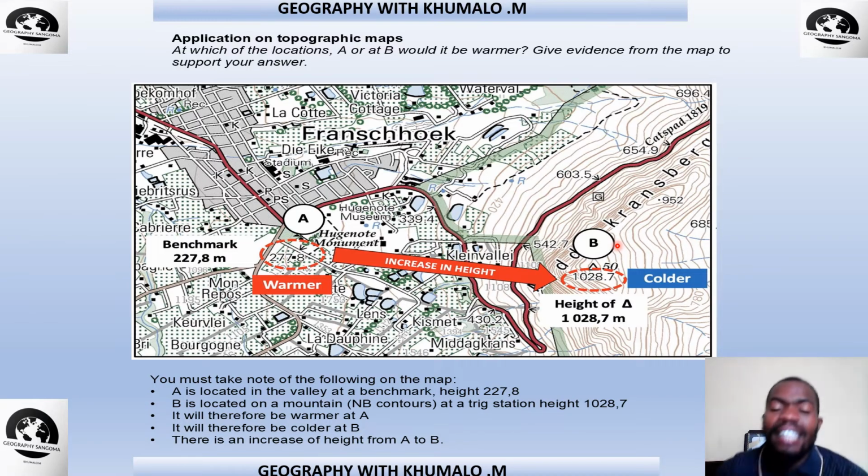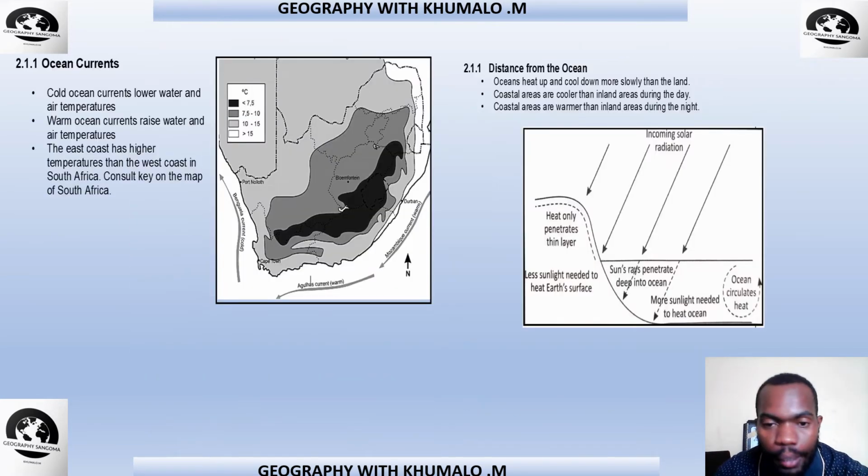What is the reason? There is an increase in height. So the higher I go, the colder it becomes. So at B it will be colder, then at A it becomes warmer. So you must take note of things like that. They may be asked in Tuesday's paper or in the paper that you're writing. I don't know other dates in Gauteng, but in Tshwane South it will be.